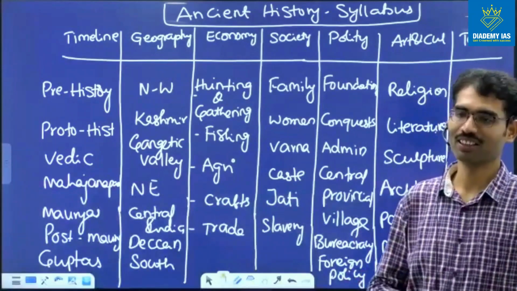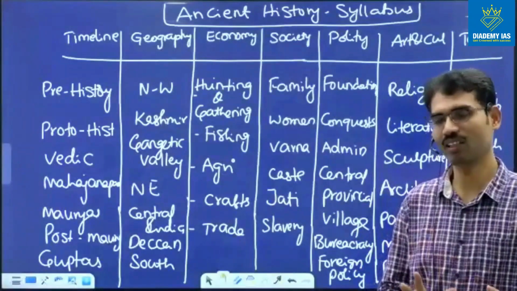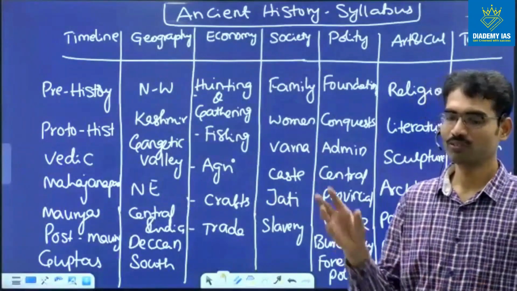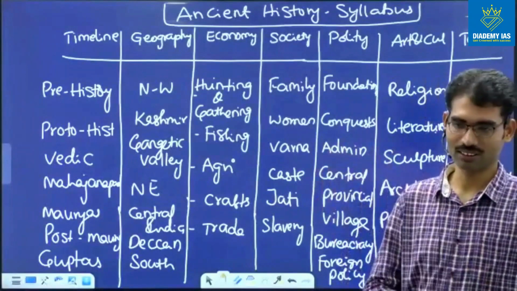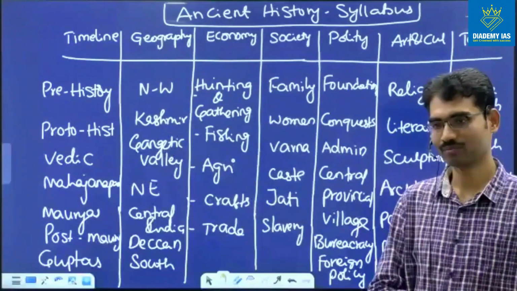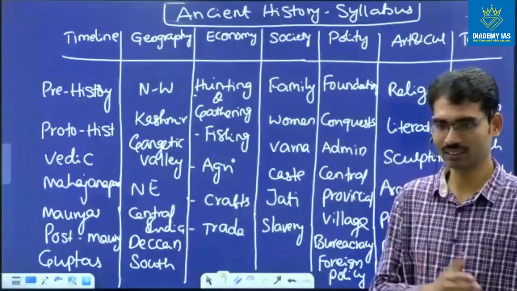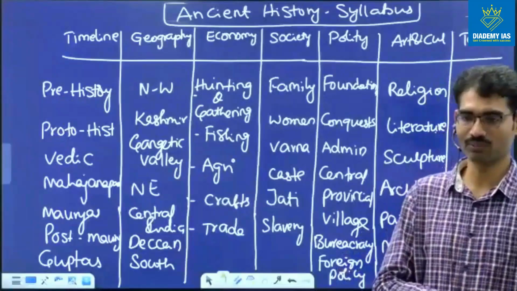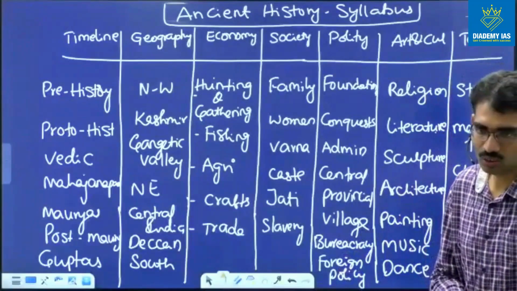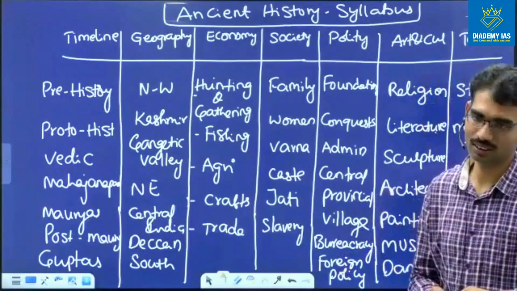Nothing to fear. If you give the evidence, those prejudices generally will not come. If you do not show prejudice in the answer, that prejudice will not come in the evaluator also. You are supporting your argument with evidence. That is what makes the difference. As long as you quote the evidence, there is no harm in the answer in UPSC.